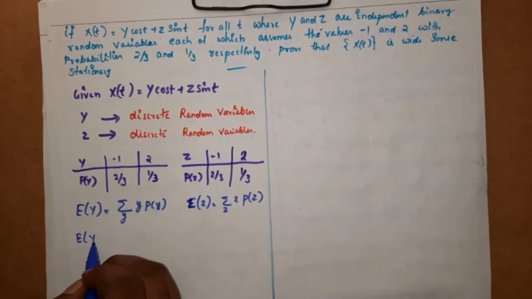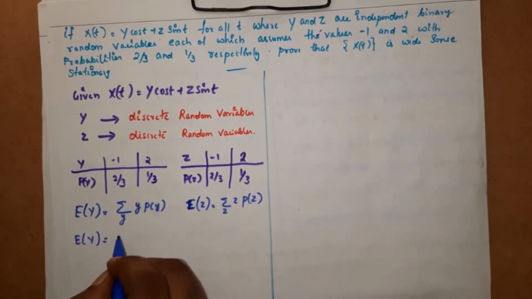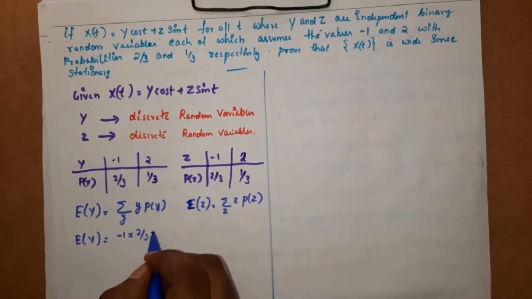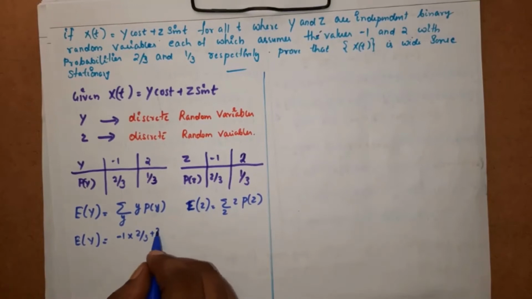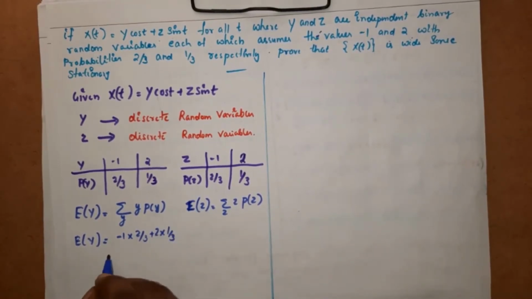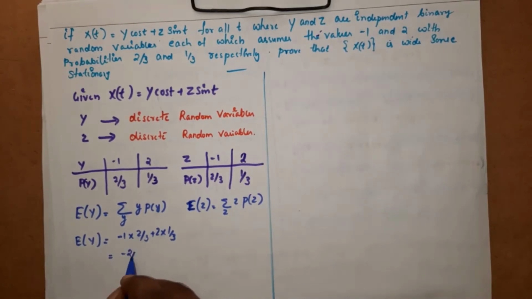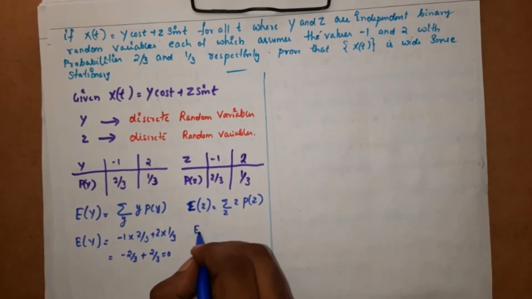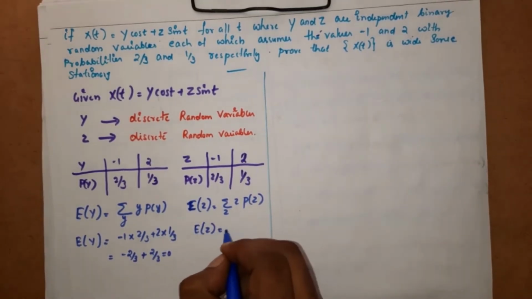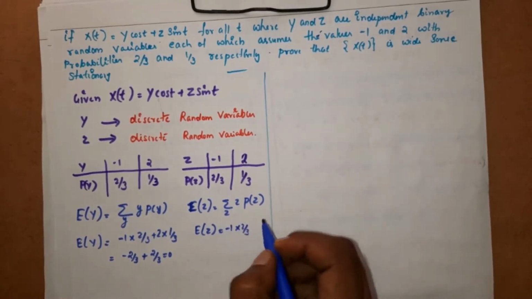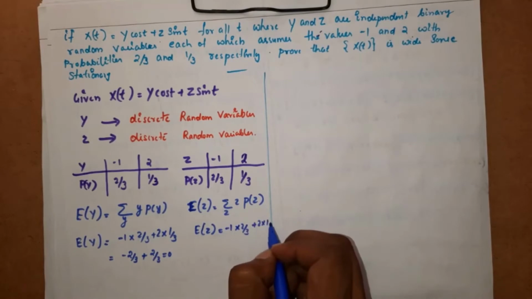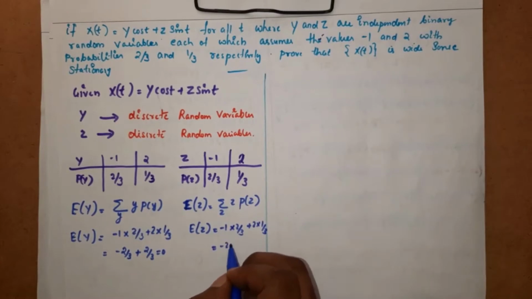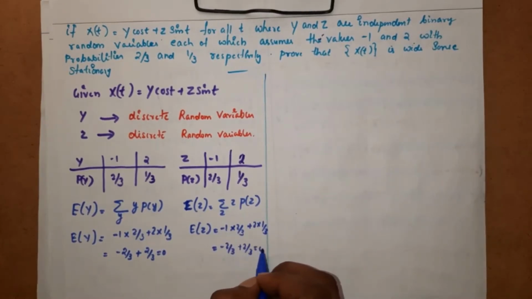Expectation of y is equal to -1 into 2 by 3 plus 2 into 1 by 3, which is -2 by 3 plus 2 by 3, equal to 0. Similarly, expectation of z is equal to -1 into 2 by 3 plus 2 into 1 by 3, minus 2 by 3 plus 2 by 3, which is equal to 0.